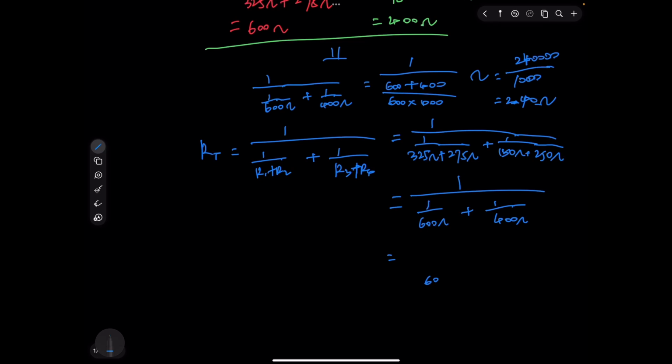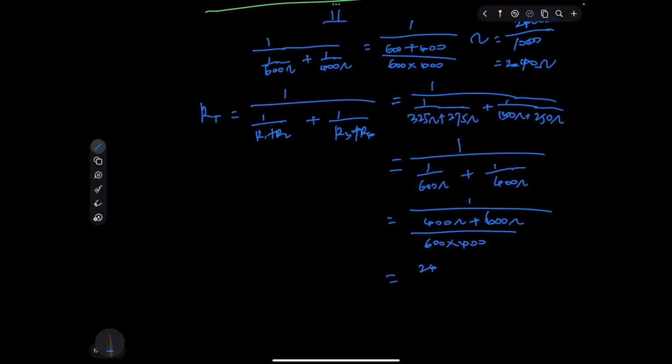Then it will be 600 times 400 over 400 plus 600, which is 240,000 divided by 1,000. So it will be 240 ohms. That's how we solve for RT.